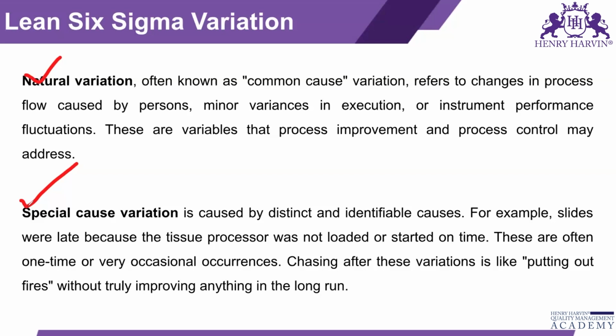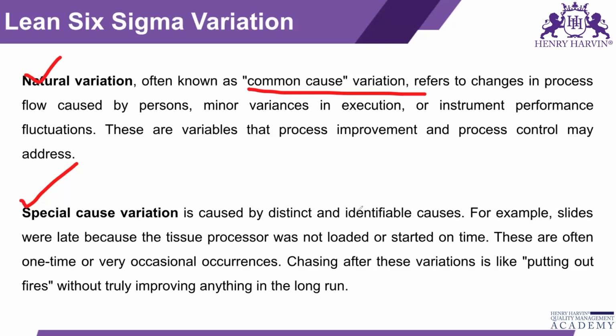Special cause variation is caused by distinct and identifiable causes. For example, slides were late because the tissue processor was not loaded or shuttered on time. These are often one-time or very occasional occurrences. Chasing after these variations is like putting out fires without truly improving anything in the long run.